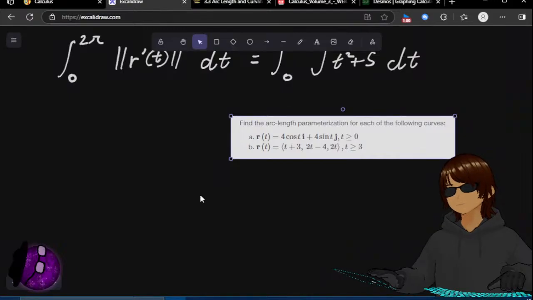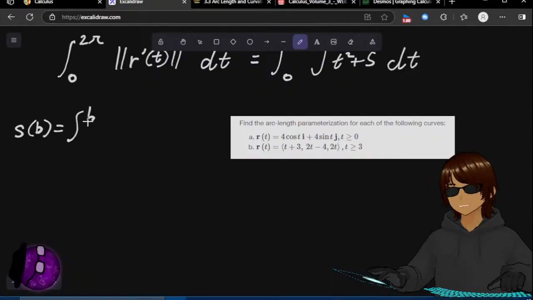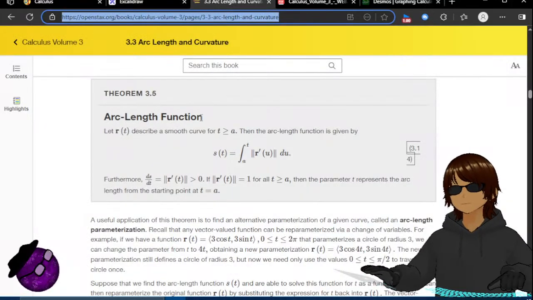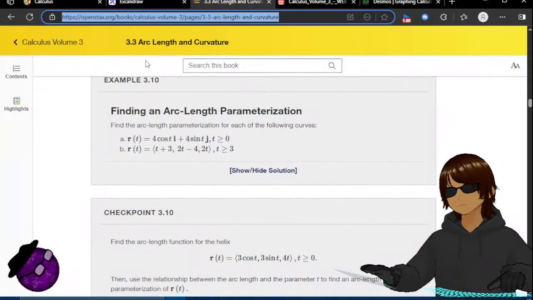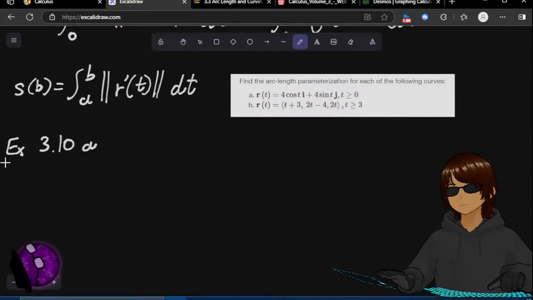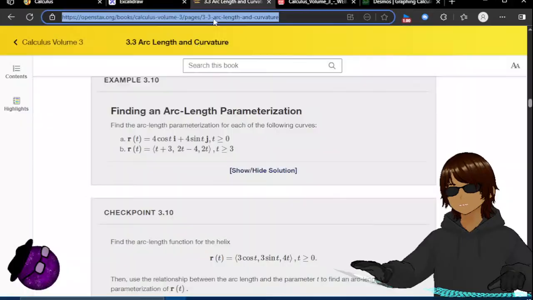So what we need to find is s(t), the integral from a to t of the norm of r'(u) du. Example 3.10a.